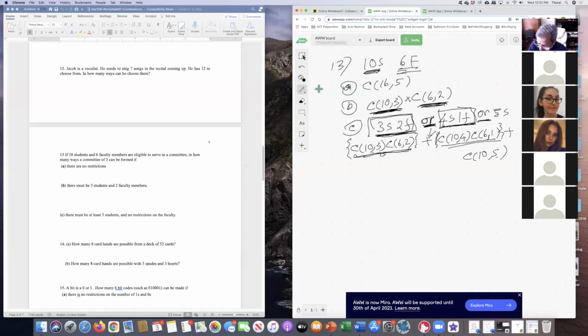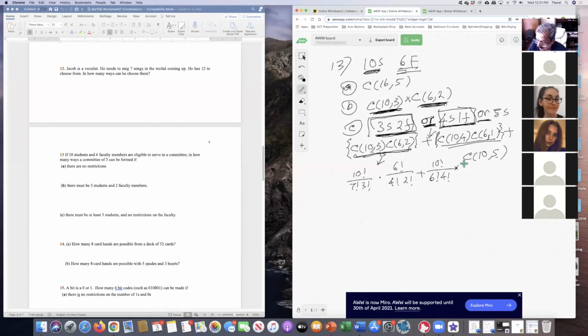C(10,3) is factorial 10 over factorial 7 times factorial 3. And then C(6,2) is factorial 6 over factorial 4 times factorial 2. Plus C(10,4) is factorial 10 over factorial 6 times factorial 4, times C(6,1) is 6.